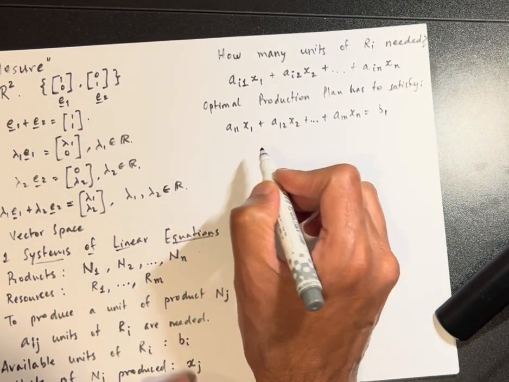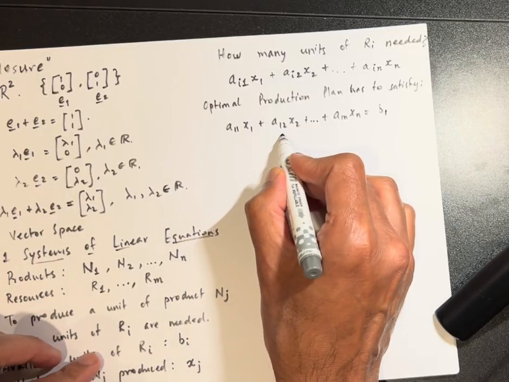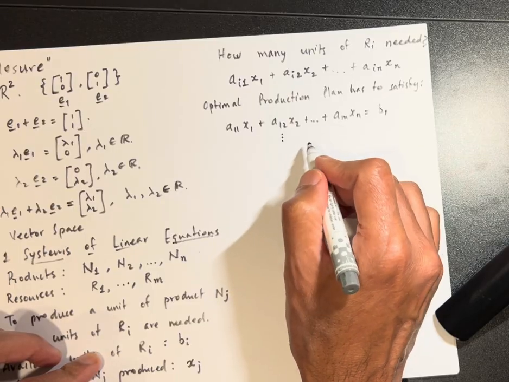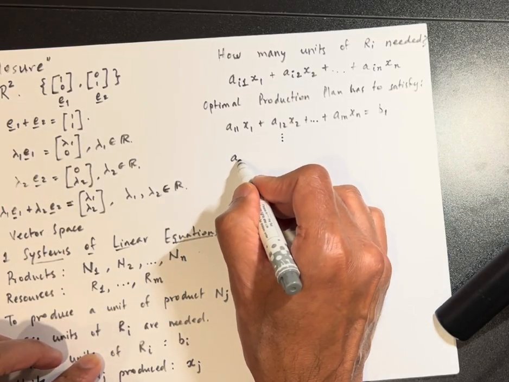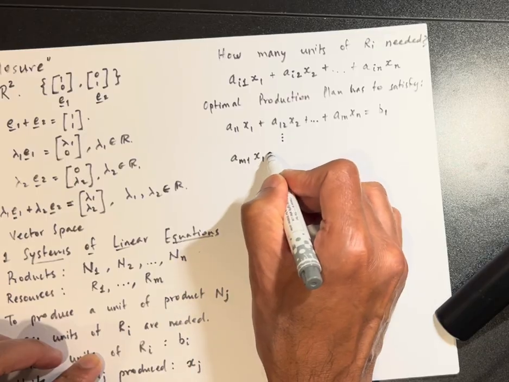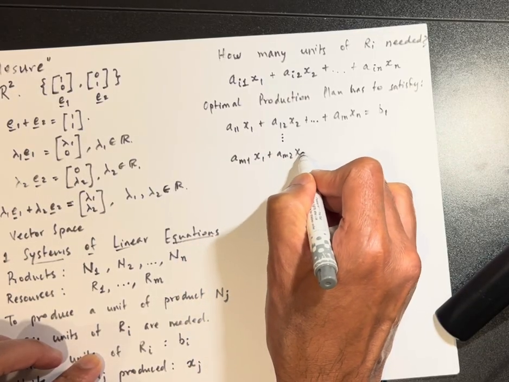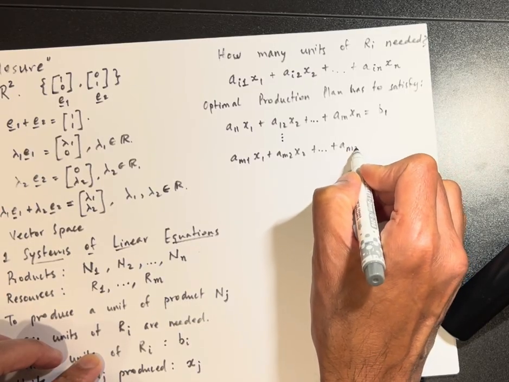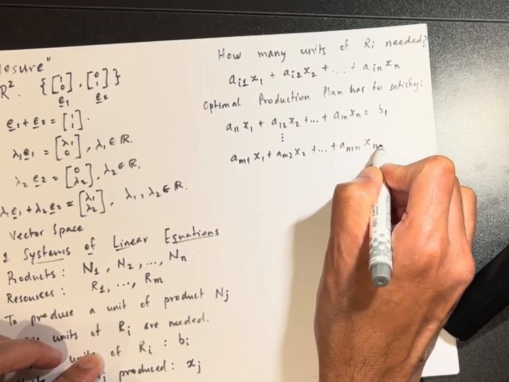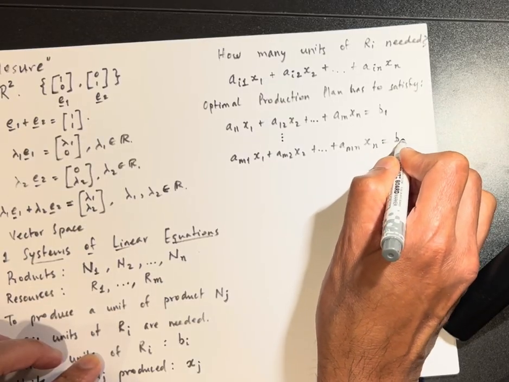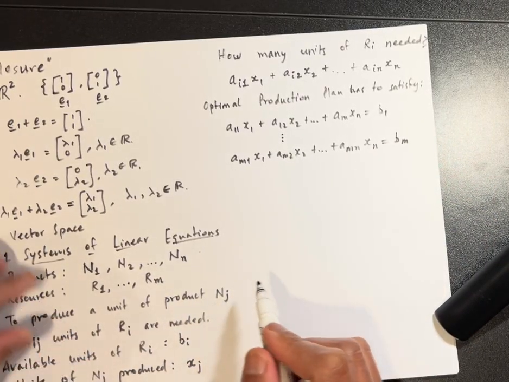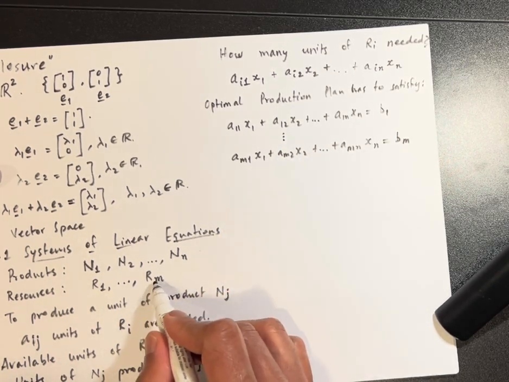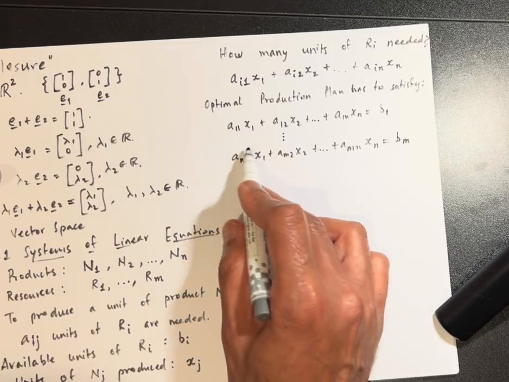And then the second one and so on. How many equations do we have? We are going to have m of them: Am1 x1 plus Am2 x2 up to Amn xn equal to Bm. So there are m resources, and we have written one equation for each resource.